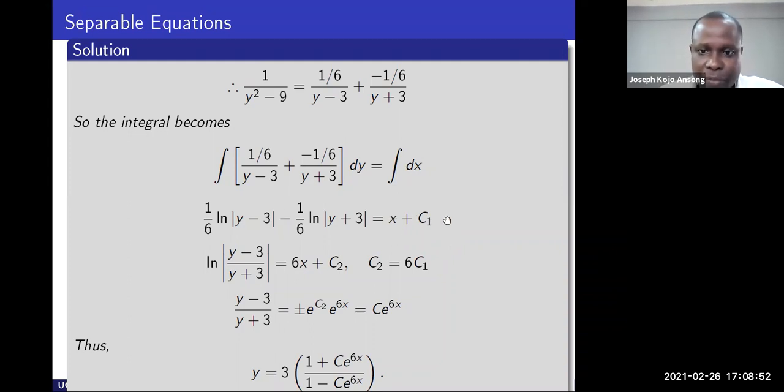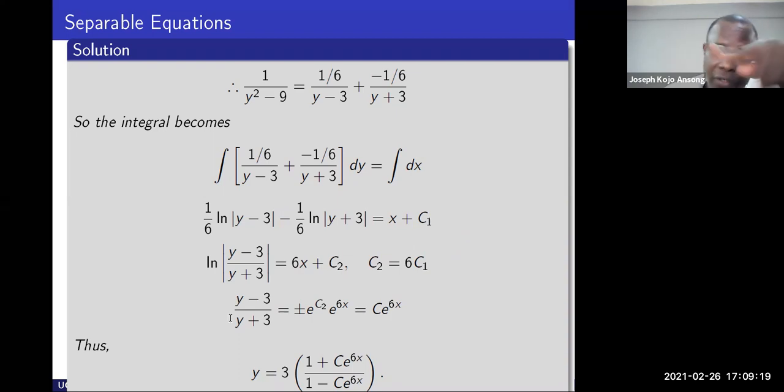You can multiply through by 6. Because of the minus, you can basically divide this and that, right? So you have ln of (y minus 3) over (y plus 3) is equal to, because I multiplied through by 6, 6x plus some other constant c2. From here, again, you raise both sides to e.